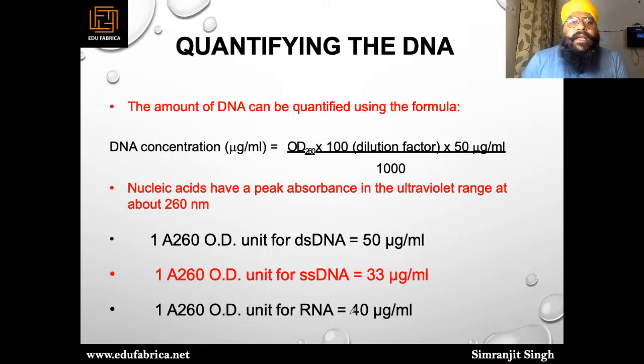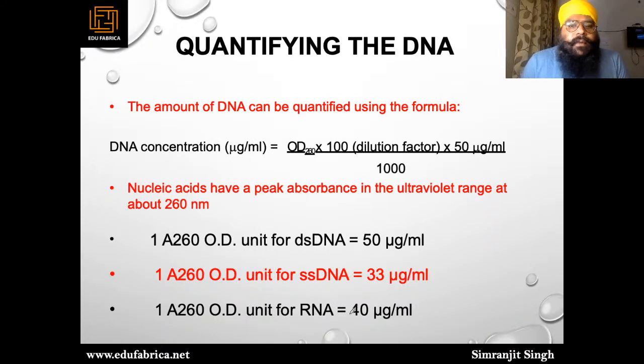Quantifying the DNA: the amount of DNA can be quantified using this formula. To find the DNA concentration in microgram per ml, you need to find the optical density at 260 nanometers, multiply by the dilution factor and by 50 microgram per ml, then divide by 1000.